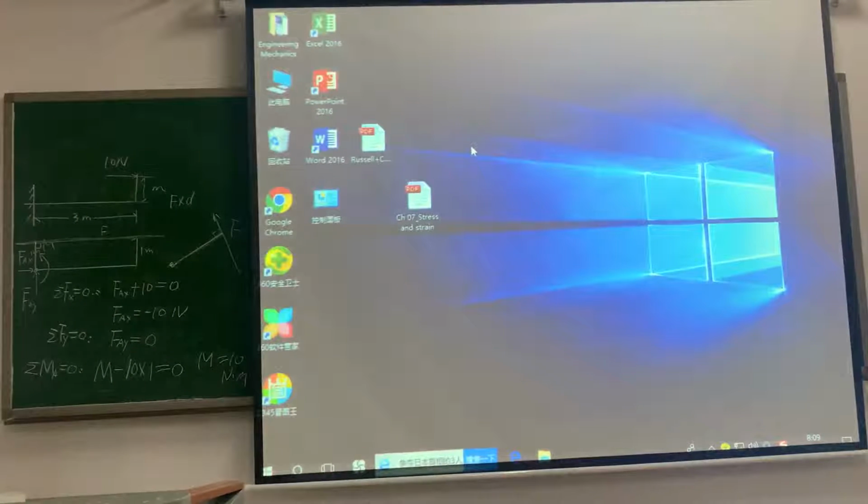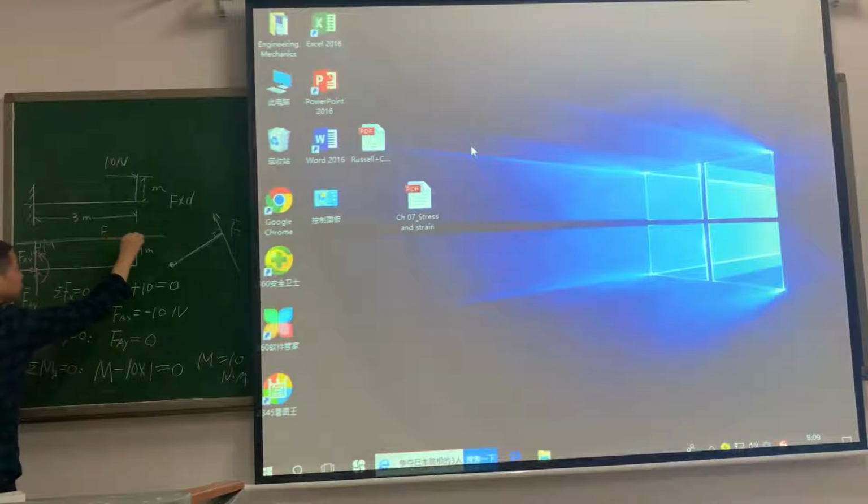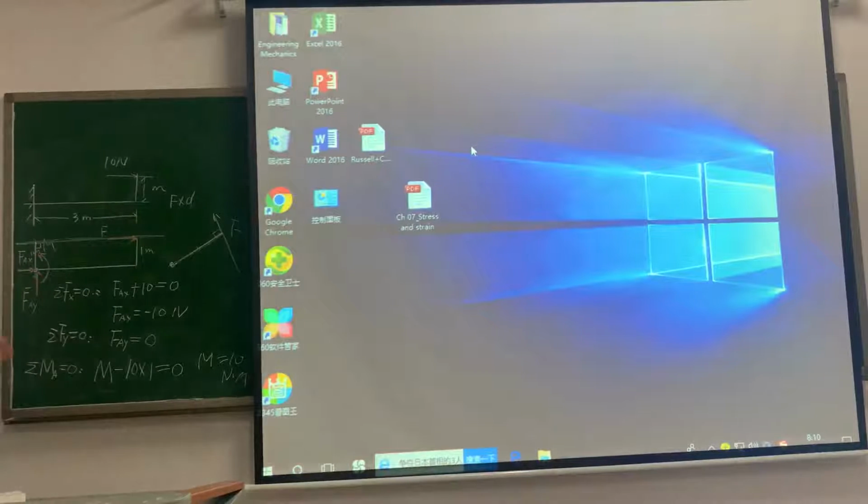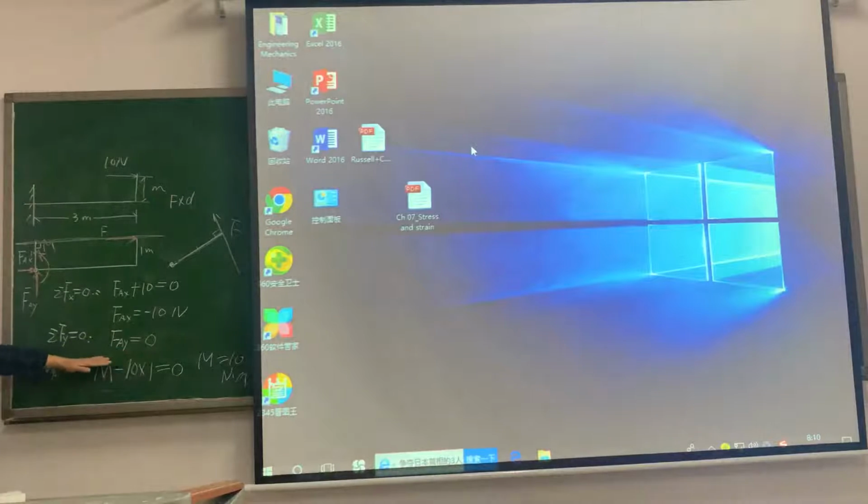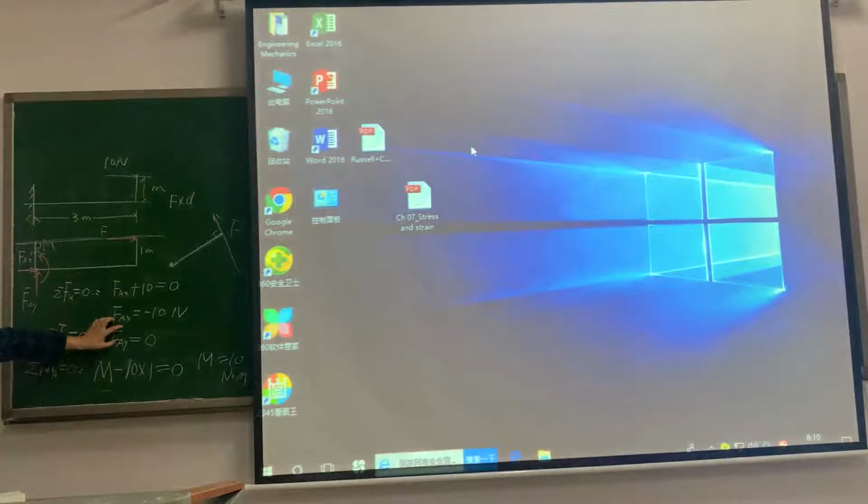It's vertical; it's moment, it's horizontal. So in all the forces, just one force is vertical. So in the equation, there is just one force, so we can find that the force must be zero. Understand? Yes.